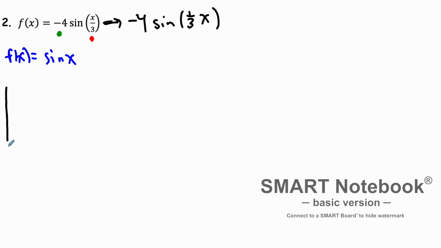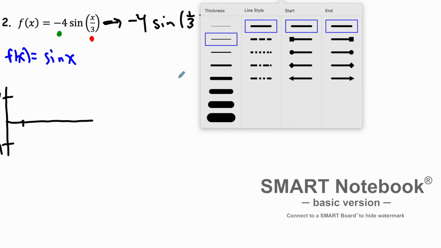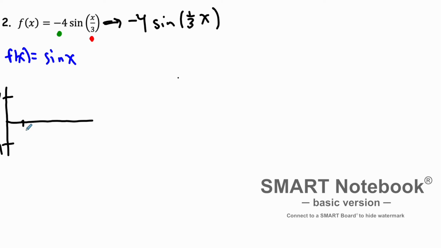So, all right, here we go. Parent function, one more time. 1, negative 1. We got our pi over 2. Change the thickness. All right, so first up, pi over 2. Next, pi. Next, 3 pi over 2.